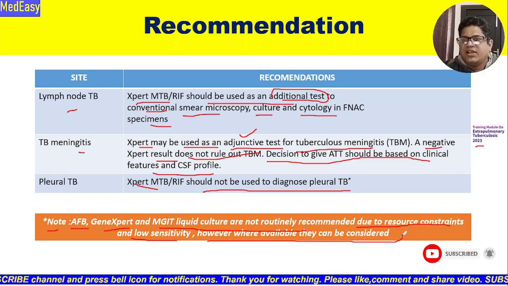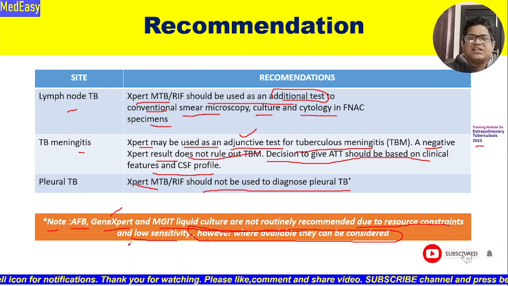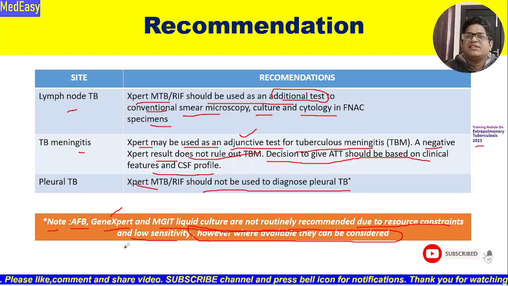However, where they are available, we should always consider them. So in pleural fluid, we should do a GeneXpert, and MGIT culture, AFB culture, depending on the resource settings and as per the clinical profile of the patient. But by far now, if you draw the sample of pleural fluid, you send CBNAAT along with all your routine investigations that we do in the pleural fluid.